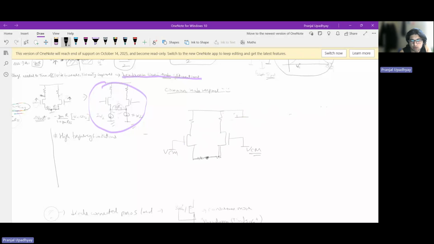At this node, we can't really ground it because the average here is VCM, right? So since we can't touch this node, we have to consider some other route to analyze the circuit. But do we really need to consider some other routes?